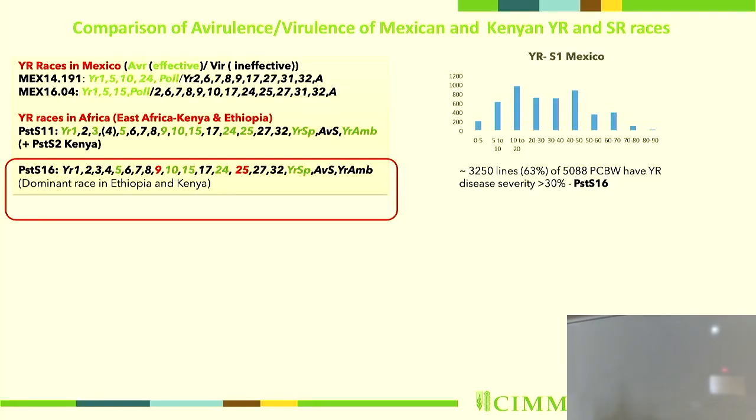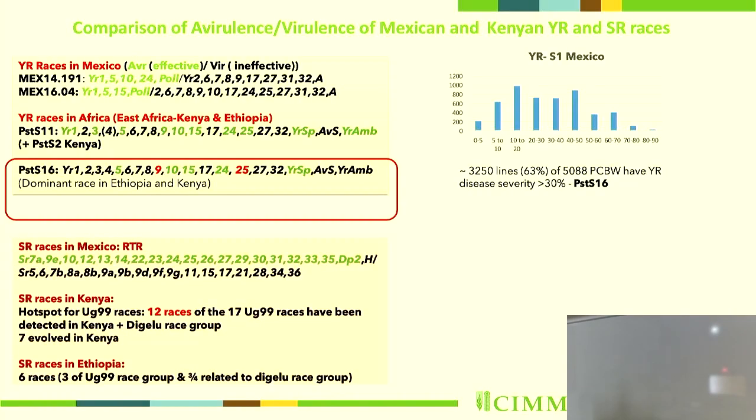That is what we are worried about, that we don't know exactly, because it's taking out a lot more of CIMMYT germplasm, and most of the CIMMYT germplasm has adult plant resistance genes as well. For the known genes, we can see on the basis of the pedigree and some of the marker information of the genes that we put in the crosses, but there is something else happening with PstS16, that it's taking over a lot of germplasm.